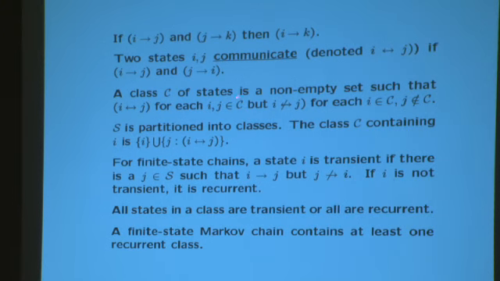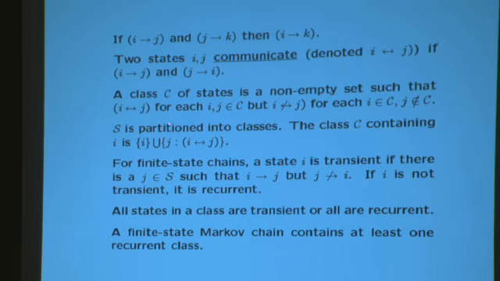Okay, a class C of states is a non-empty set such that I and J communicate for each I, J in this class, but I does not communicate with J for each I in C and J not in C. The convenient way to think about this, and I should have stated this as a theorem in the notes because I think it's something that we all use without even thinking about it, is that the entire set of states, or the entire set of nodes in the graph, is partitioned into classes.